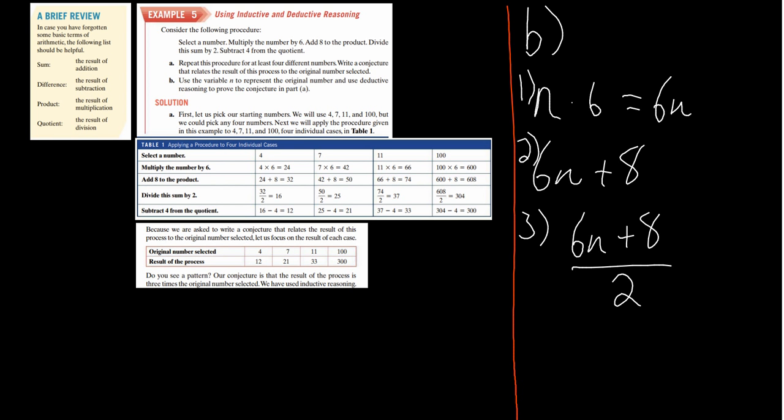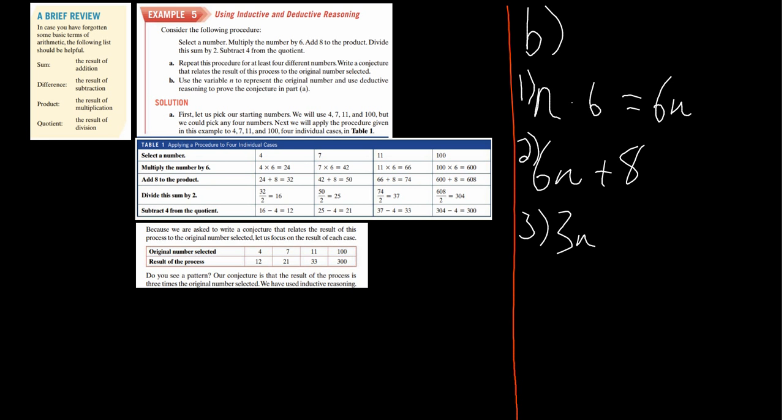We know from our algebra that we can split those up into a fraction, so it turns into 6n over 2 plus 8 over 2, correct? 6n divided by 2 becomes 3n, and 8 divided by 2 becomes 4.